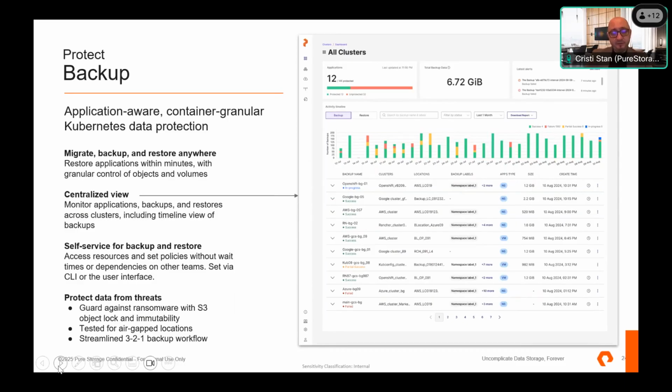Backup is very granular, so I can drill down up to the objects in a Kubernetes cluster. I can select which objects I want to backup. I can restore on another cluster. I can restore on a cloud platform. I can, I don't know, take backup in the cloud and restore it on my on-prem environment.